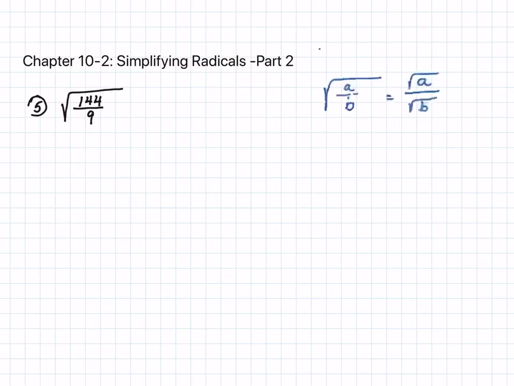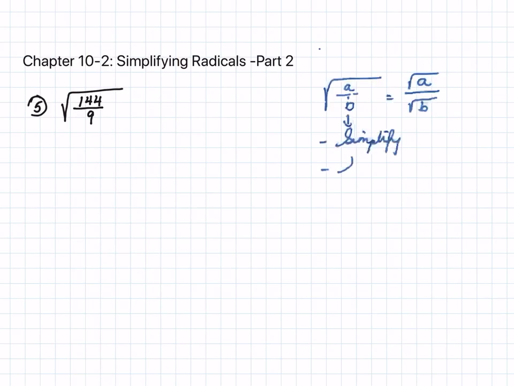A lot of times you can simplify first. You can always simplify what's inside the radical first and then split it up, or you can split it up first. Either way is fine.